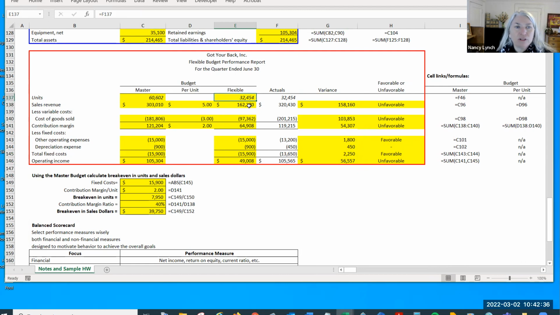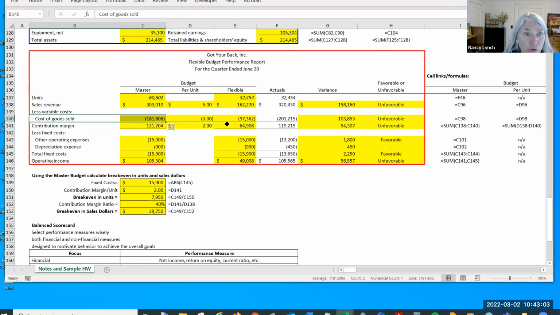So in this flexible budget, this won't be given to you. You're going to take the units equal to what actually happened. And then if you recall, variable costs vary. So I'm going to calculate my new cost of goods sold. I'm not going to compare my actual to this.